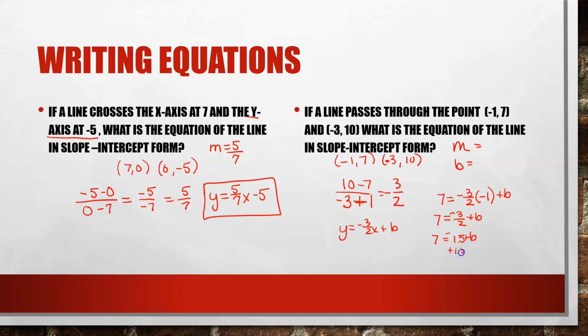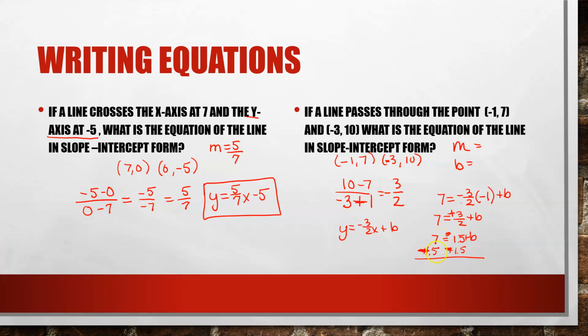So if I add 1.5 to each side, I have b equals 8.5. Actually, this should be positive up here, because a negative times a negative is positive. So I'm actually going to subtract that 1.5. Sorry about that.